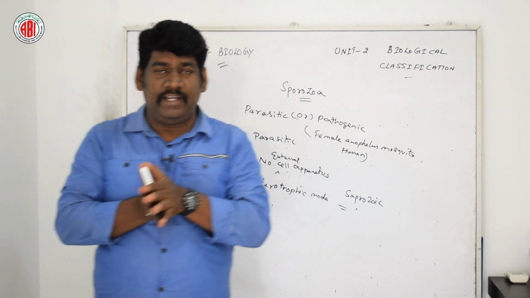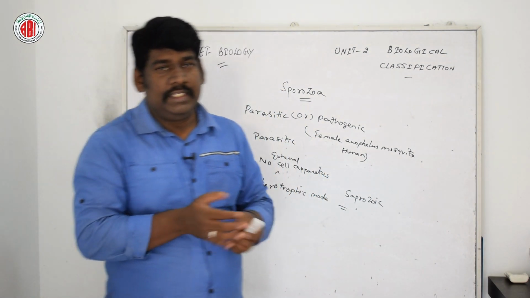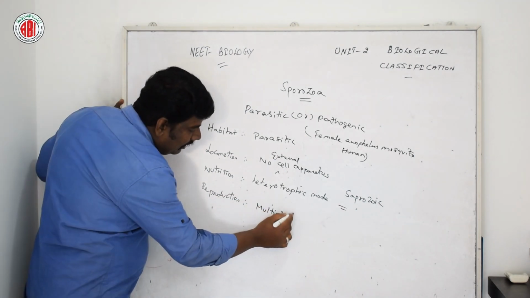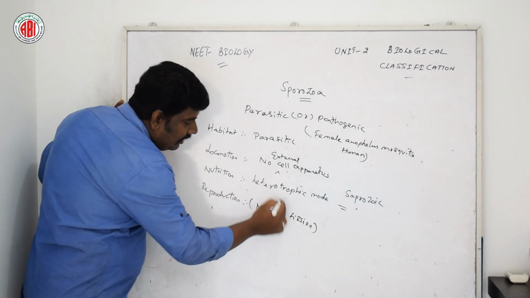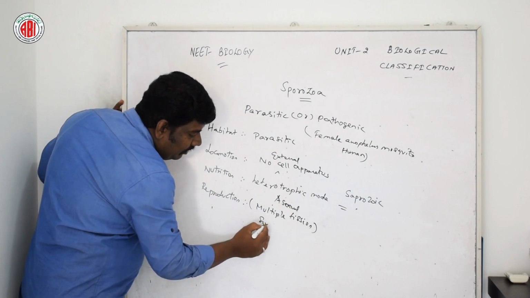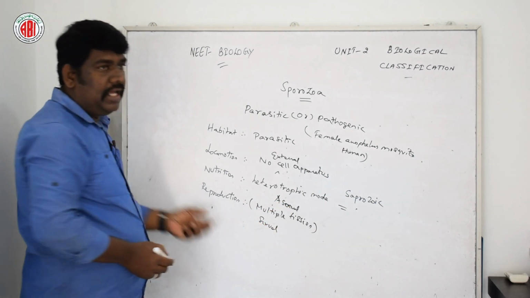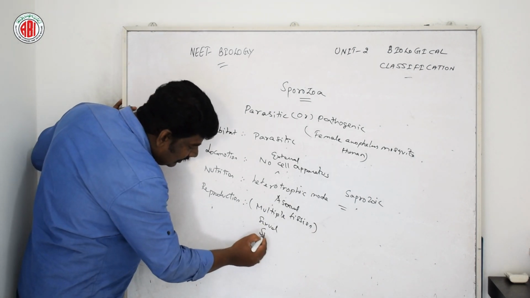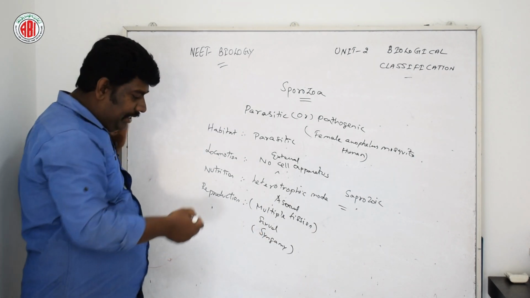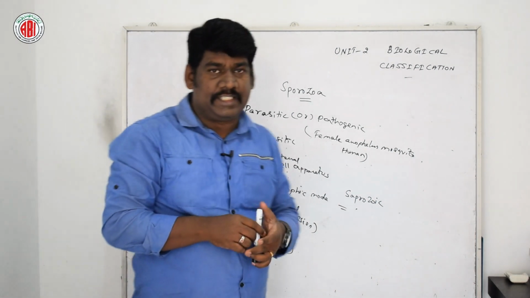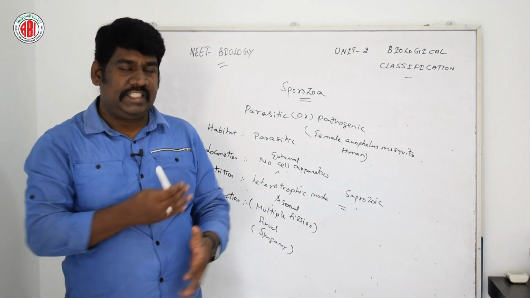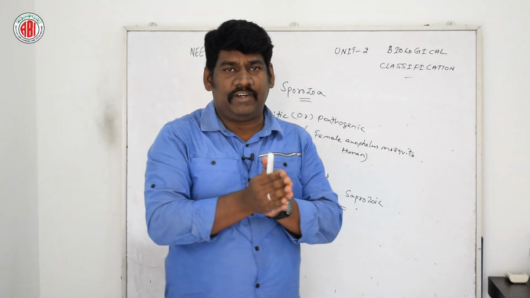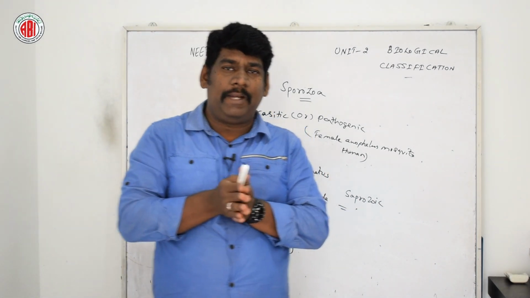For example, in the asexual mode of reproduction, they undergo multiple fission, and in the sexual mode of reproduction, the organism undergoes syngamy or autogamy. Syngamy involves similar gametes, which give rise to the further generation. And the life cycle always involves the formation of haploid cells.